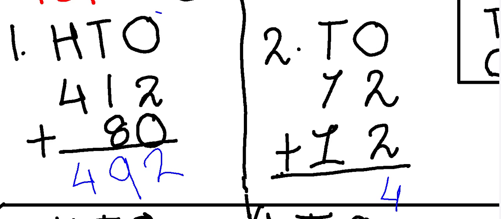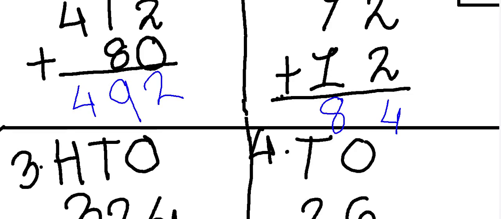And now we come to the tens column. Here imagine that you have 7 pens and you have bought a new pen. So it's only 1 pen you have bought. So 7 plus 1 will be 8. So your answer will be 84.